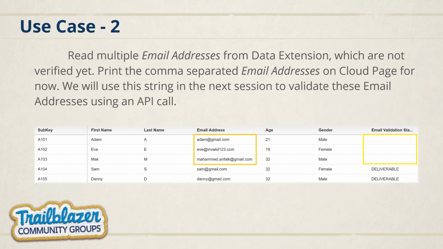Another use case, which we might not be able to cover fully today, is reading the email addresses from a data extension which have not been verified or validated yet. And we will validate those using an API call, and then update the validation field for those email addresses.